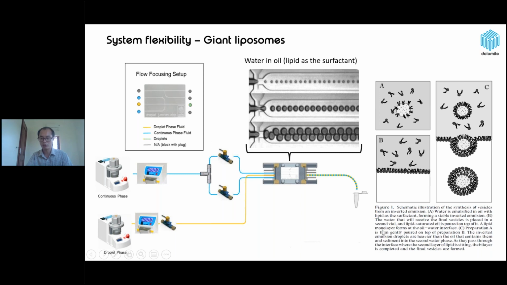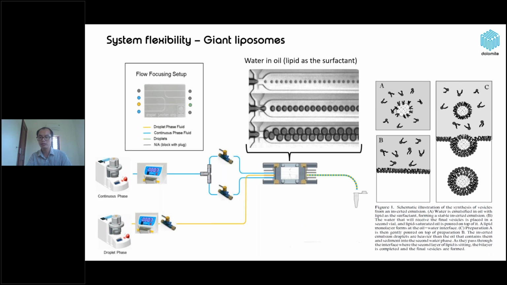It will be gently poured on top of the preparation solution that contains one layer of the lipid here, and the inverted emulsion droplet, being heavier than the oil that contains it, will segment into the second water phase and pass through the interface where the second layer of lipids is sitting.